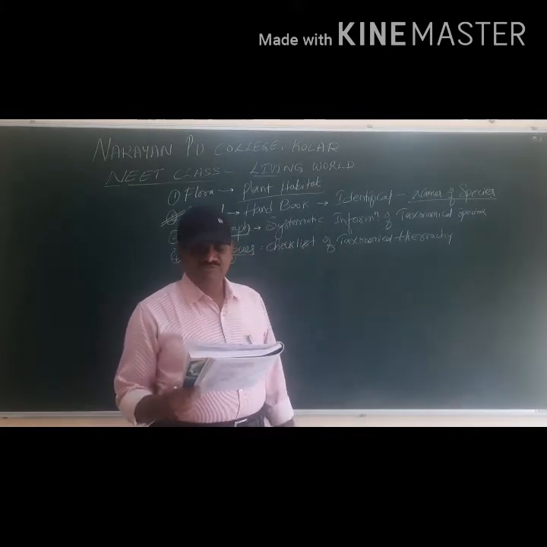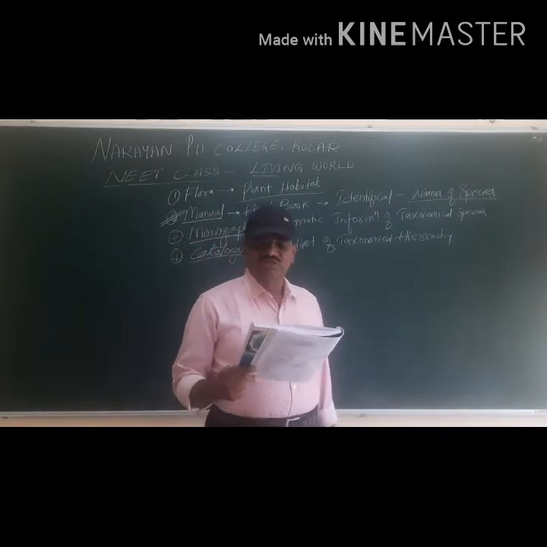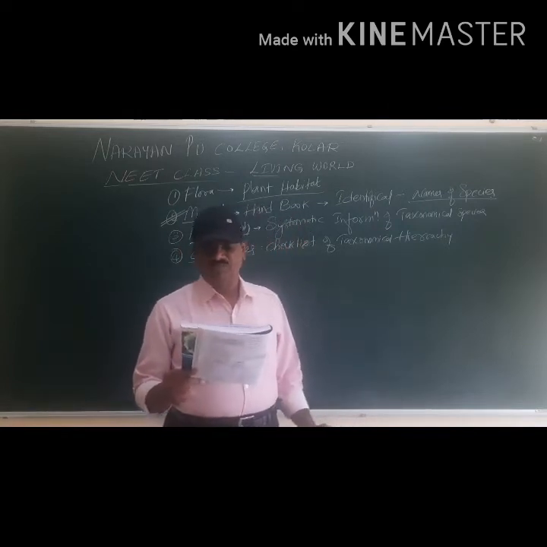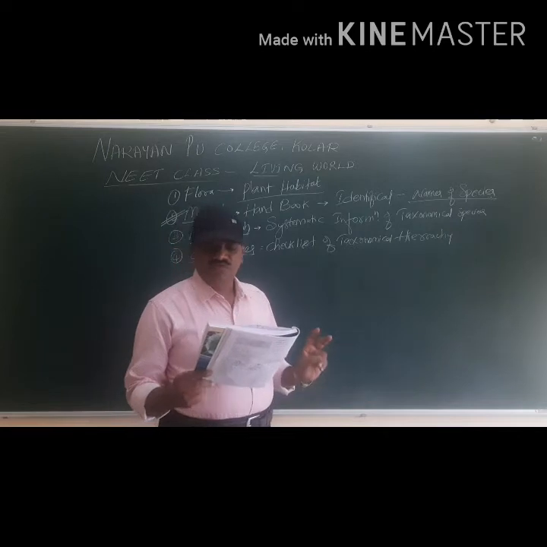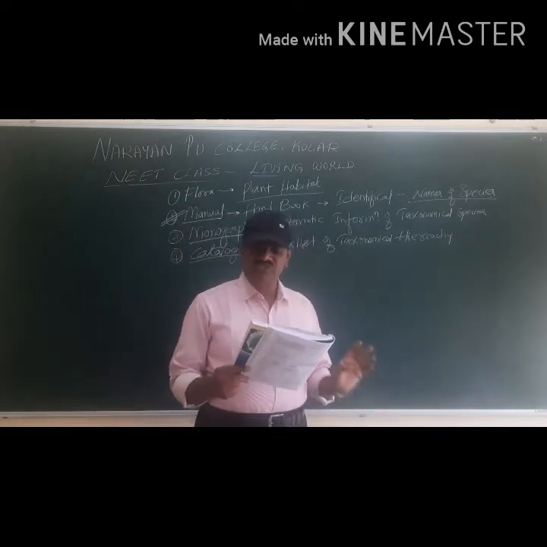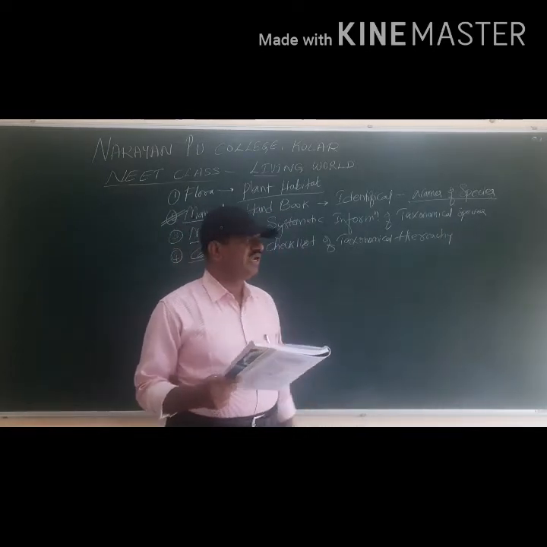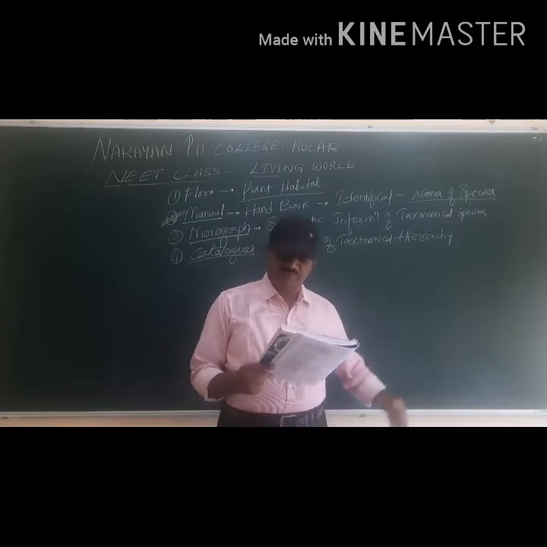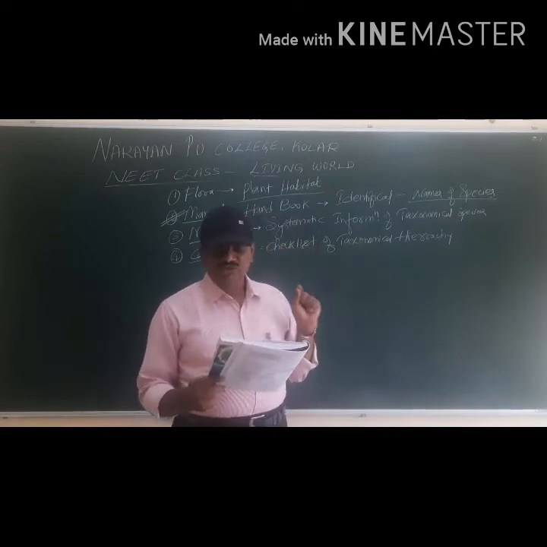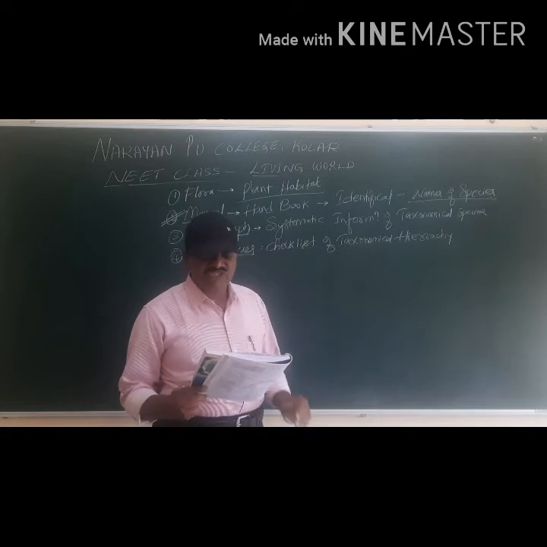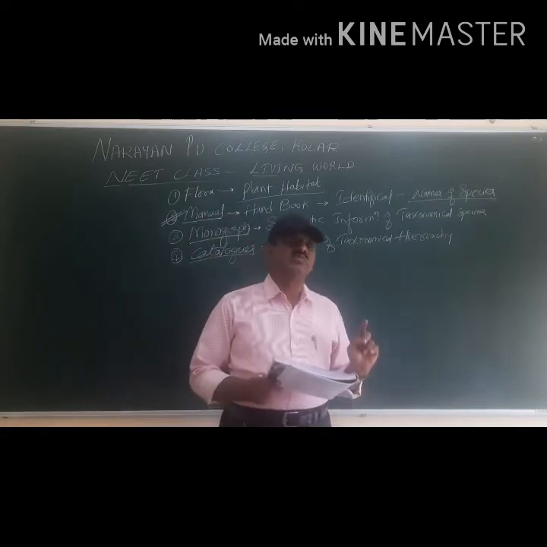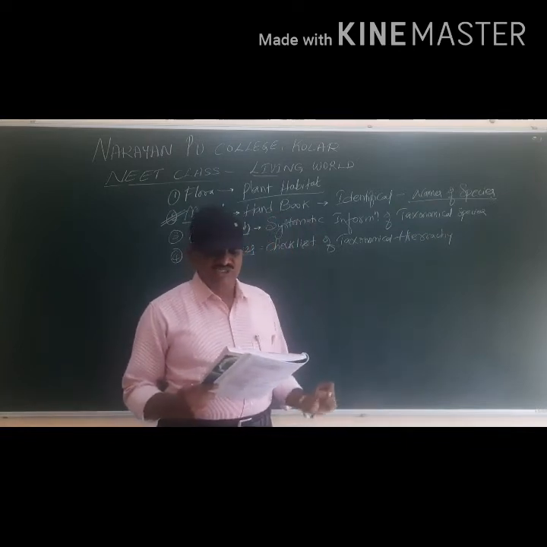Related genera belong to the same: variety, family, species, none of this. Here variety means types. The second option is family. The word family is always a group of genera.